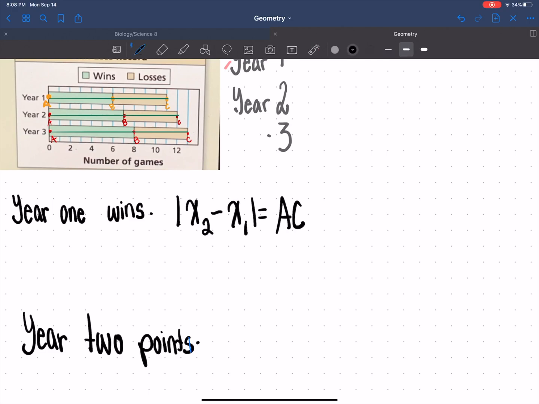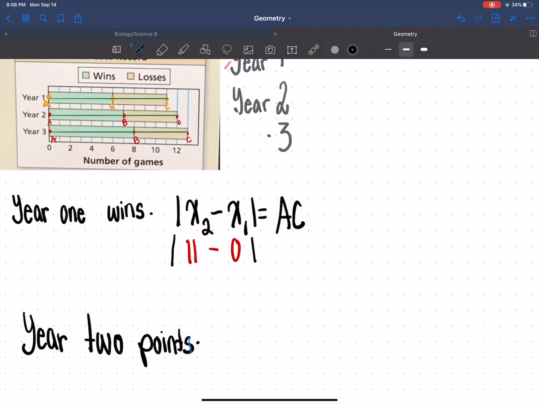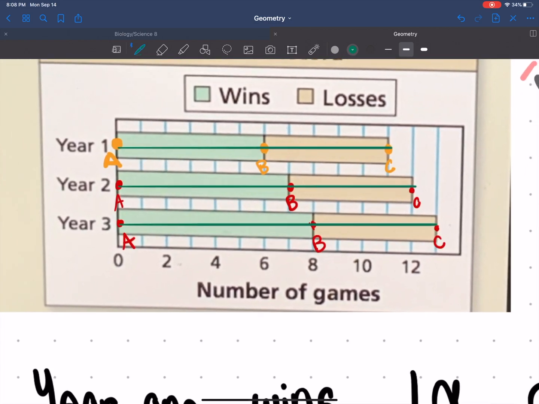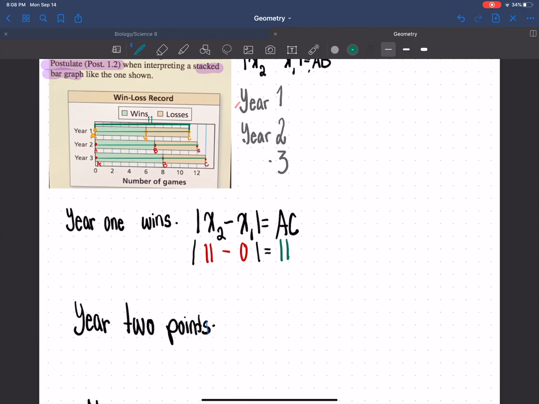So you get 11, because that's the second x, minus 0. 11 minus 0 is equal to 11, and with absolute value it would be 11 still. So therefore, the value of A to C is 11.